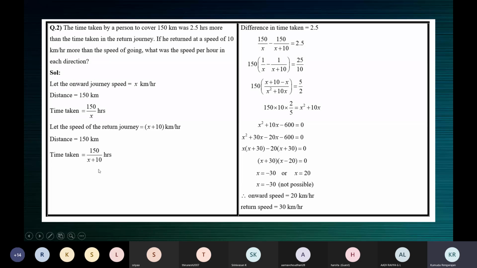X is the speed here, x plus 10 is the speed here. So in this fraction the speed is less, and when compared to this, here the speed is more, x plus 10. Here the speed is less, so the time taken is more. So this value is greater than this value. That's why 150 by x comes first and then this one. The difference in time taken is 2.5.